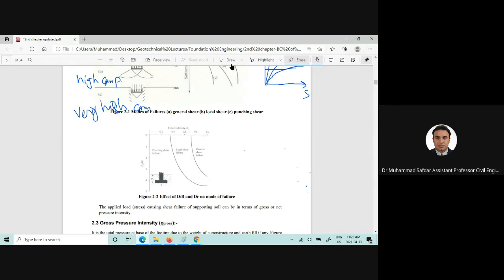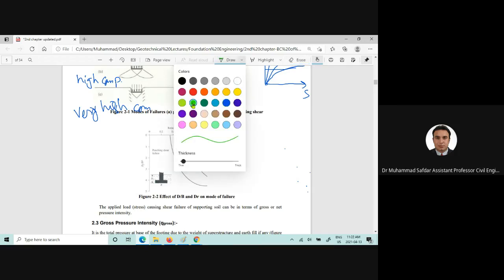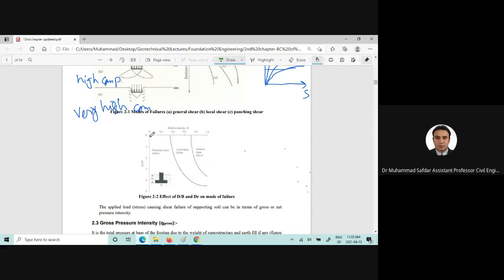Okay, now if you see here, here is the relative density on the x-axis and depth to width ratio on the y-axis. If we are having loose sand, we will see the punching shear failure mode.